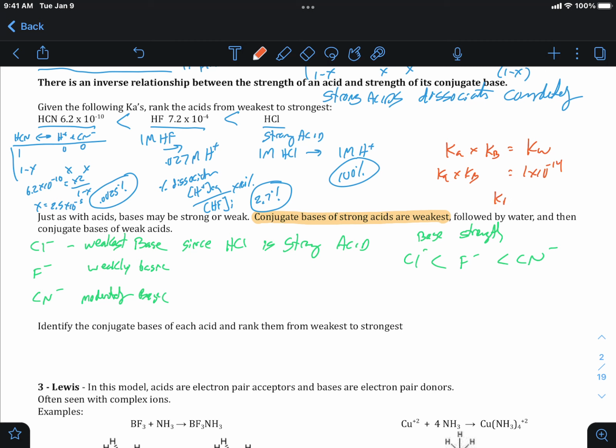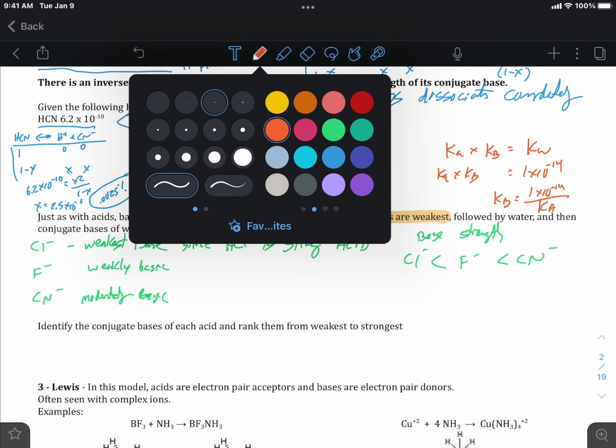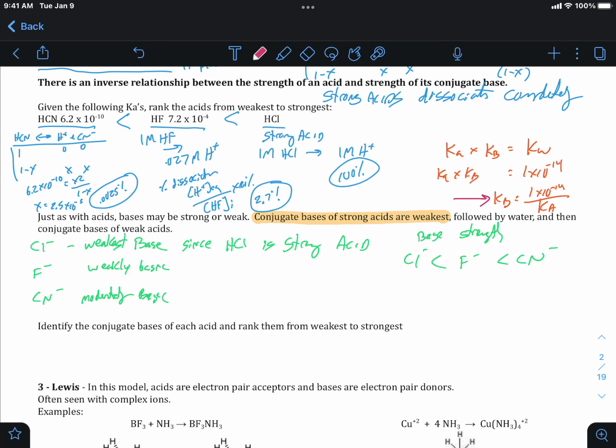So the Kb would be the Kw over the Ka. So I can find the Kb for each one of these conjugates, but we should mention that we have to put a little caveat on there. This is for the conjugate base, right? It's for the conjugate base of the acid. And so that's important to remember.